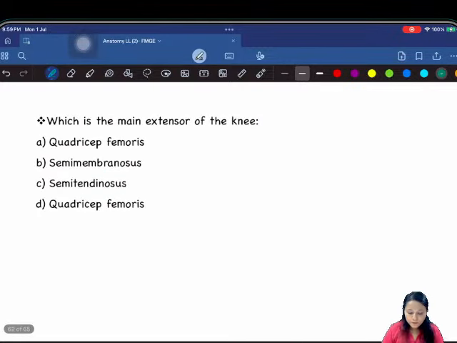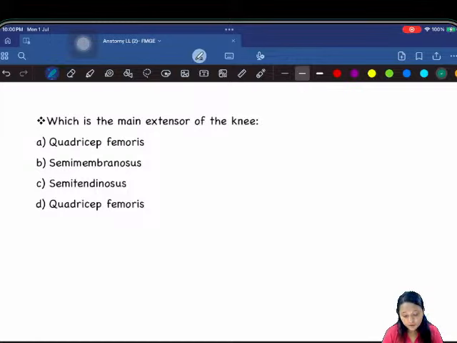What is the main extensor of the knee? Come on, I want an answer from the chat box. We have just studied this. Anyone who wants to answer? Just now we studied semimembranosus, semitendinosus, biceps femoris.